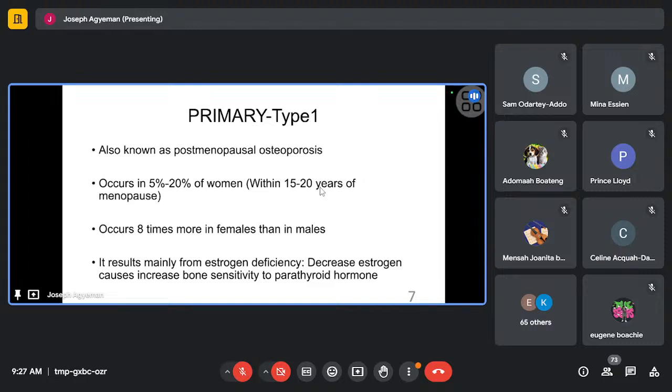So it can also happen in men, but females actually have excessive estrogen and they benefit from that more as compared to their male counterparts. And therefore, when they lose the estrogen, it puts them at a higher risk as compared to their male counterparts. So females have about 8 times the chance of getting this condition as compared to their male counterparts.